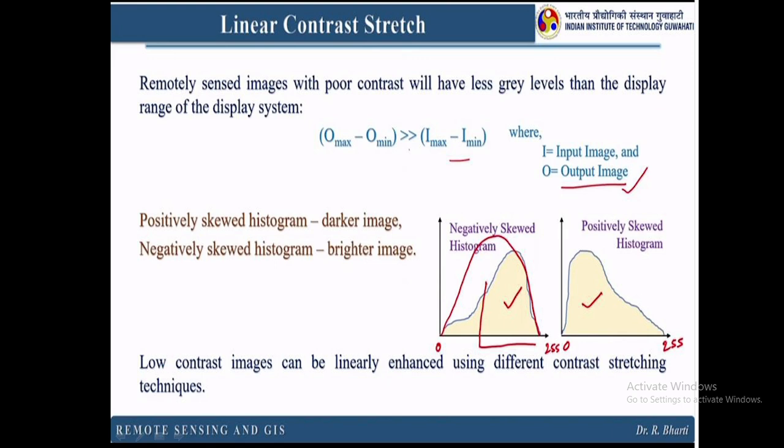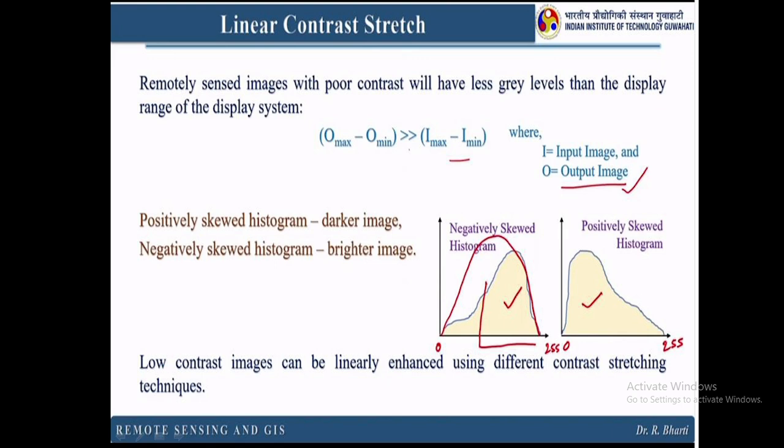That is the linear contrast stretch formula. Here there is a negatively skewed histogram and a positively skewed histogram. The positive histogram is the darker image and the negatively skewed histogram is the brighter image.